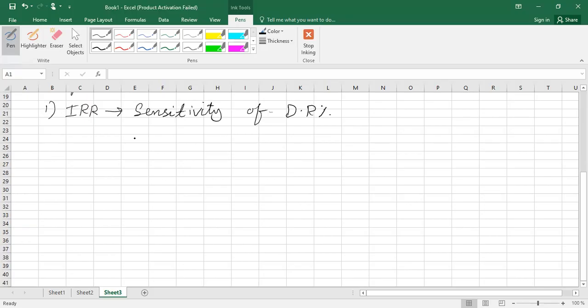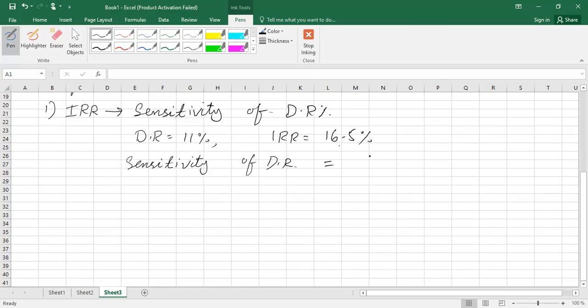For example, your discount rate is 11%, your IRR is 16.5%. So how to calculate the sensitivity of the discount rate?